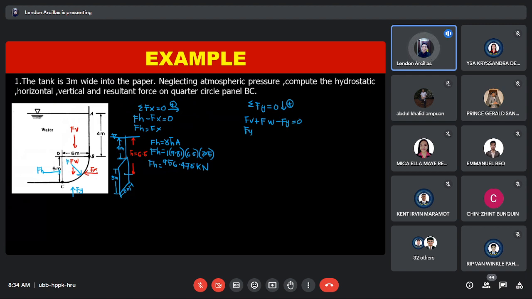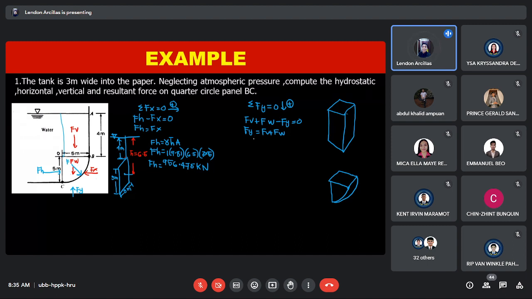So therefore, F_y is equal to F_V plus F_W. Okay, so yung sinasabi ko, kukunin natin yung 3-dimensional dito ng rectangle plus the quarter circle. Okay, so this is the rectangle and this is the quarter circle.